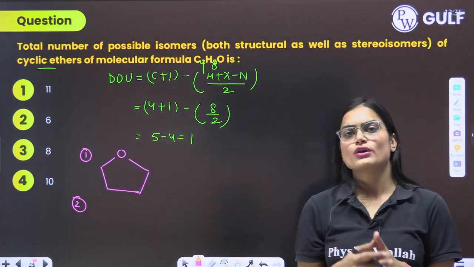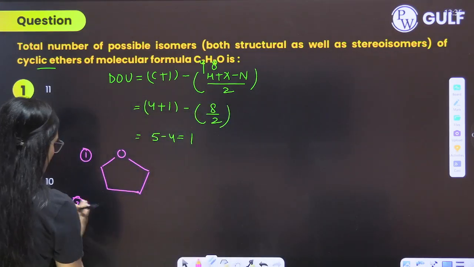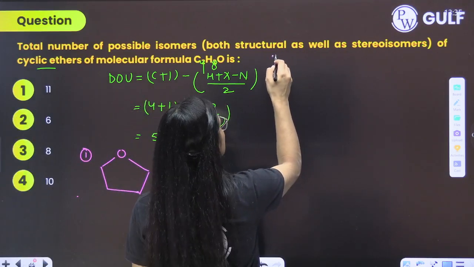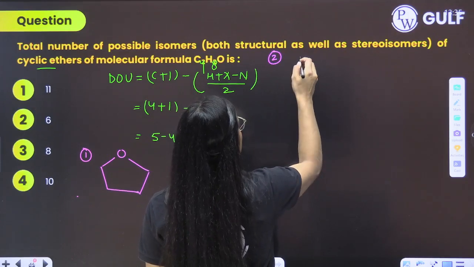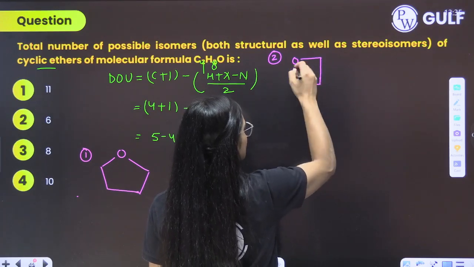Now let's start drawing the 4-membered ring cyclic ether. This is the second type, wherein you have a 4-membered ring. 1 oxygen atom and 3 carbon atoms are in the ring.